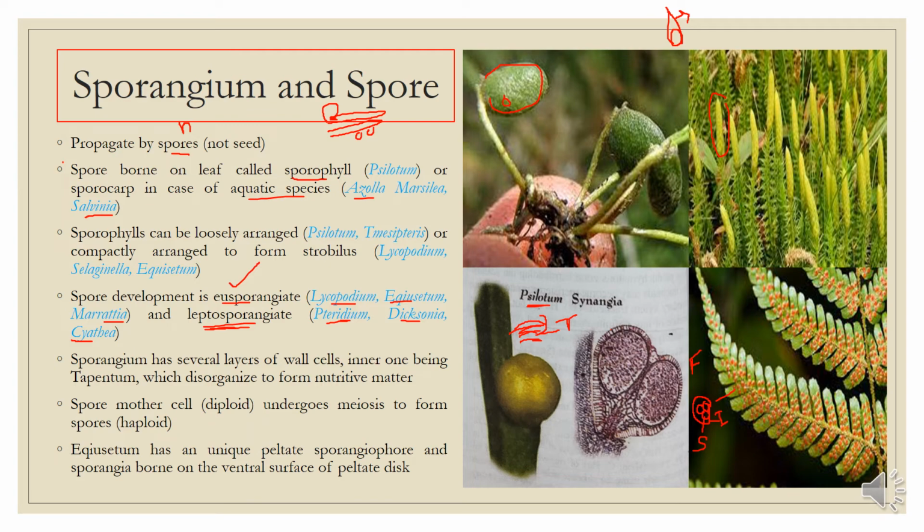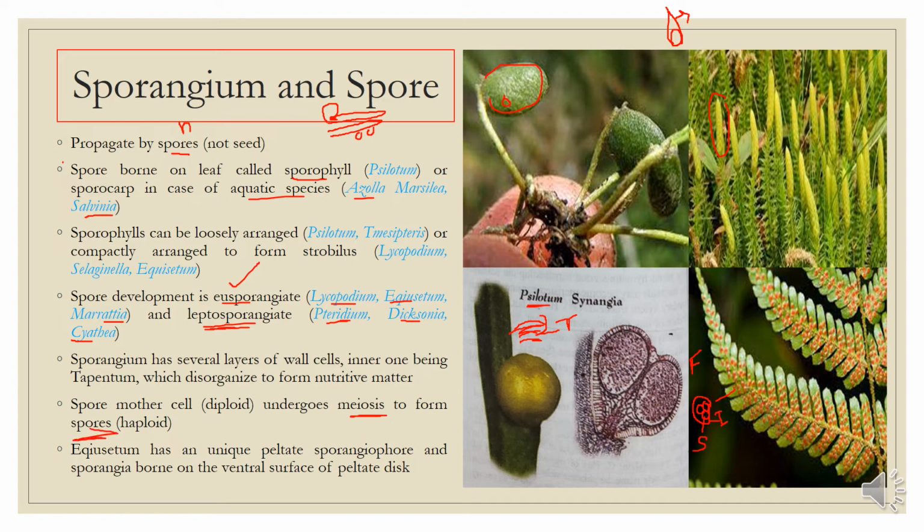The outer layers have a thick wall and help in protection. So the outer layers are protective, and the innermost layer is nutritive. The tapetum cells usually degenerate after a certain period and serve a nutritive function for the developing spores.